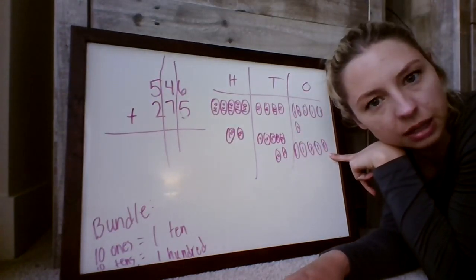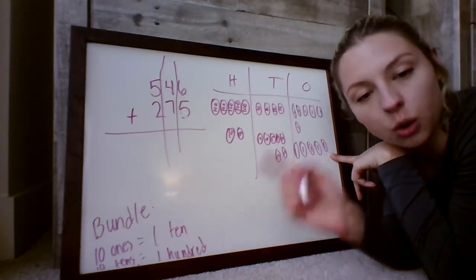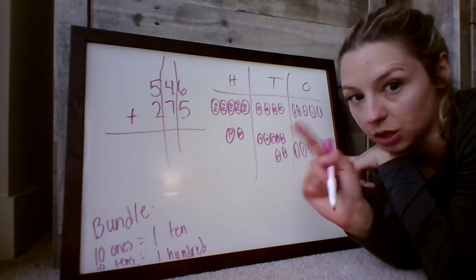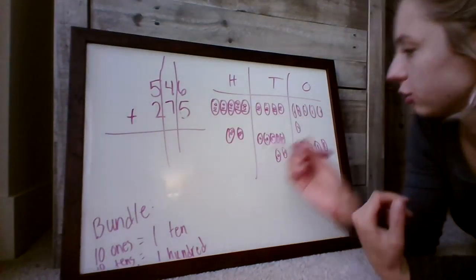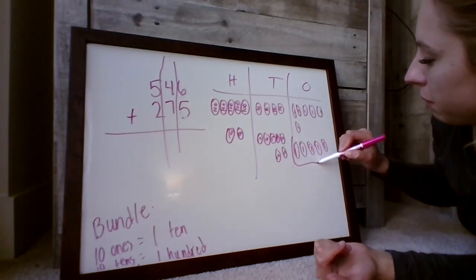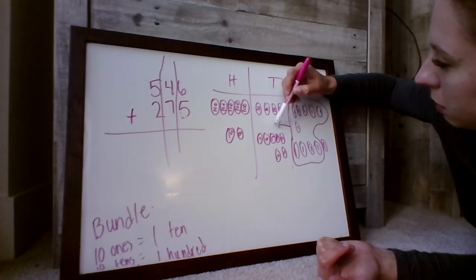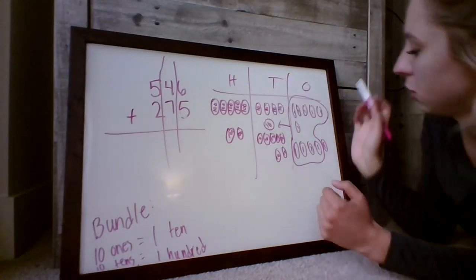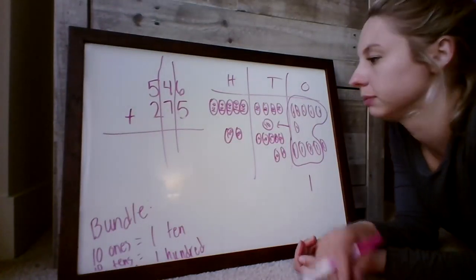We haven't done this yet. If we have 11, we only circle 10 because that's all I can bundle to put into the 10, so you leave one out. Watch. So, do you see this guy left over here? We have one left here.